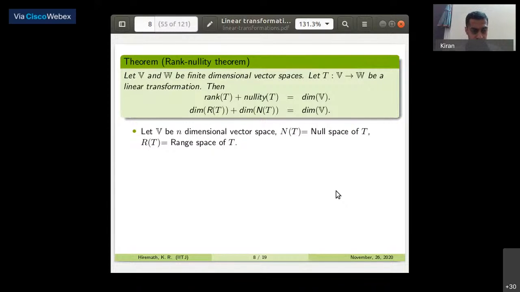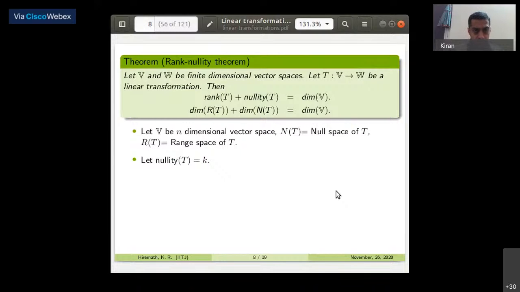Let n be the dimension of this vector space, and now define the null space and the range space of T, which is involved in this theorem. So the null space is the set of all elements of V which are mapped to 0 under the action of T, and the range is basically the collection of all the images of elements of V.